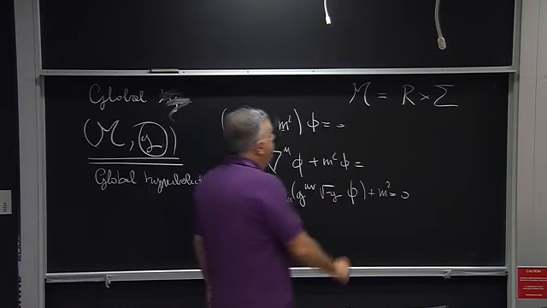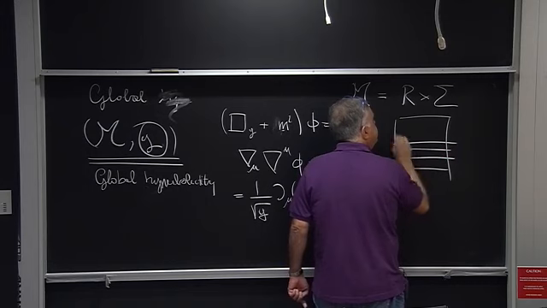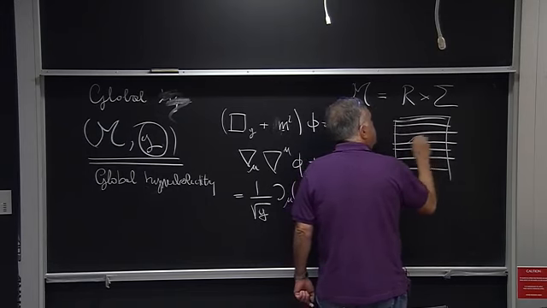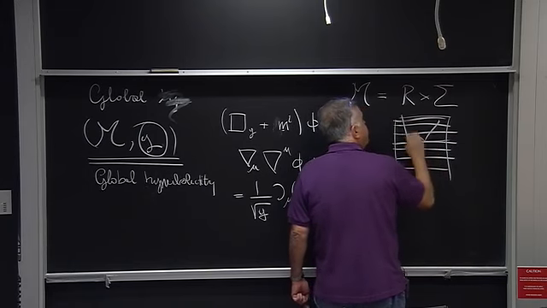Or else that you can globally foliate your manifold with Cauchy surfaces. Okay? And given the initial data on one of these Cauchy surfaces, you determine the solution everywhere.